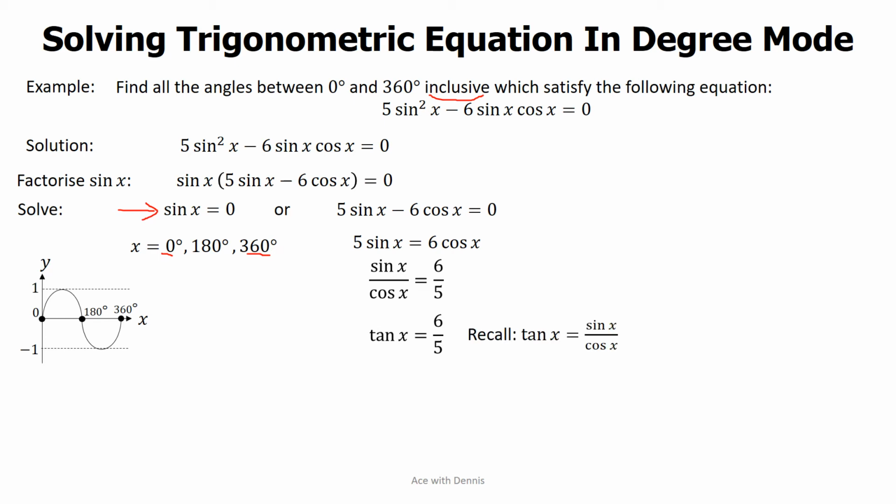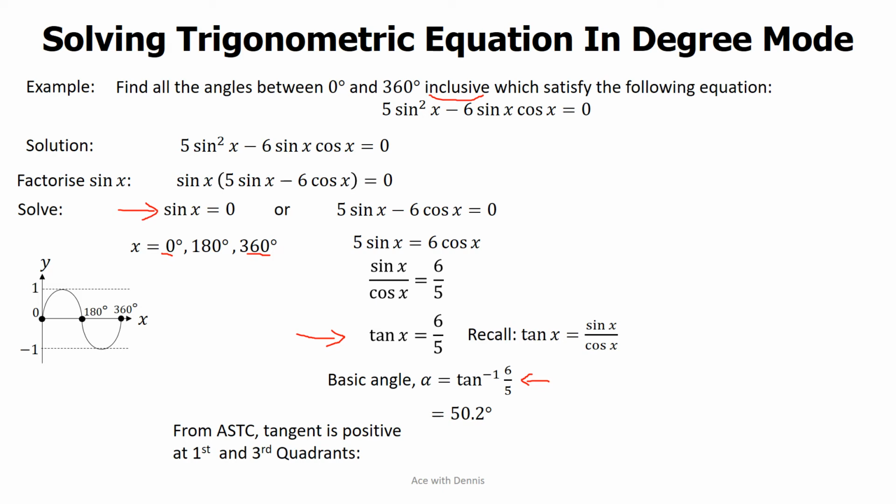Now, we'll recall that tangent x is sine x over cosine x. Okay, so we can follow the steps, right? When we want to solve a simple trigonometry equation. Okay, then first step we want to find the best angle, which is inverse of tangent 6 over 5 for this case. Okay, and when you press calculator, the angle is 50.2 degrees.